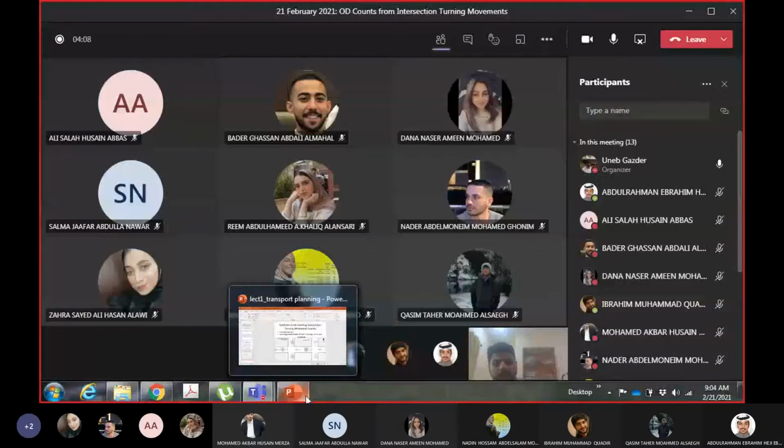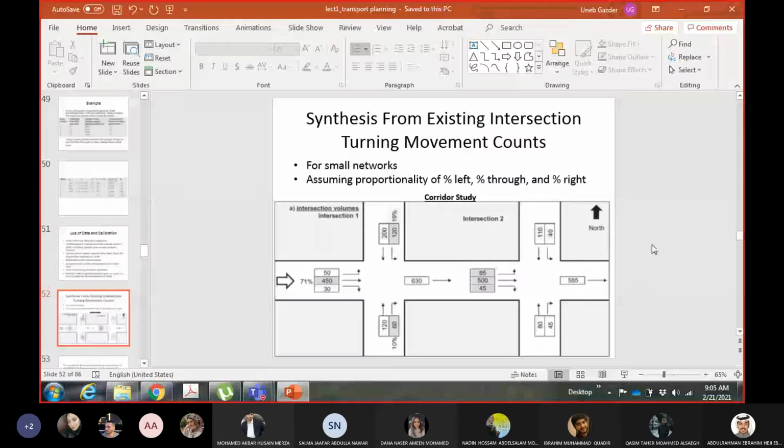In some cases, you may be required to do an origin destination study along a corridor, along a main highway, and your network can be a small network. It only has like 2-3 intersections along the main corridor.